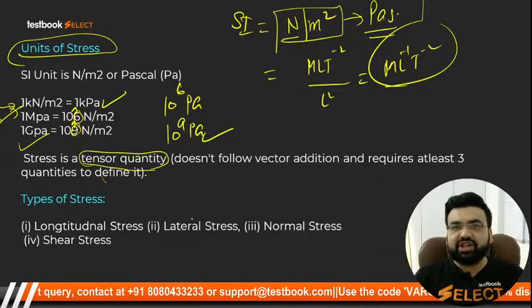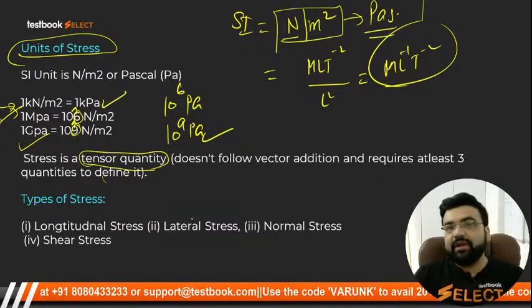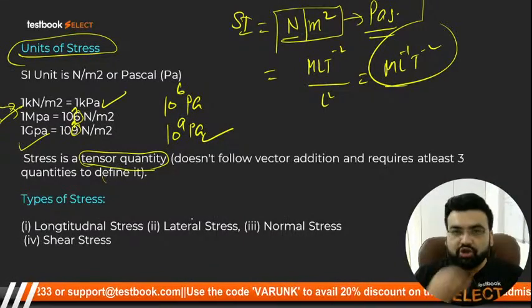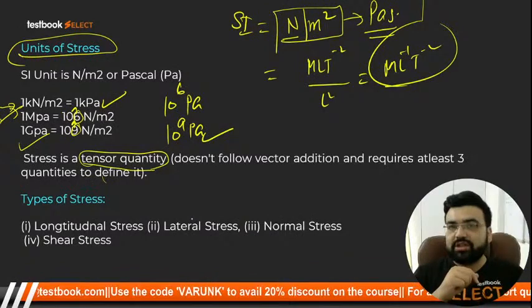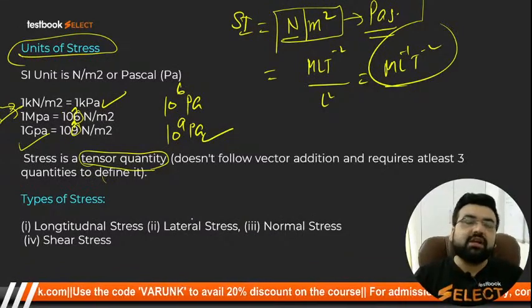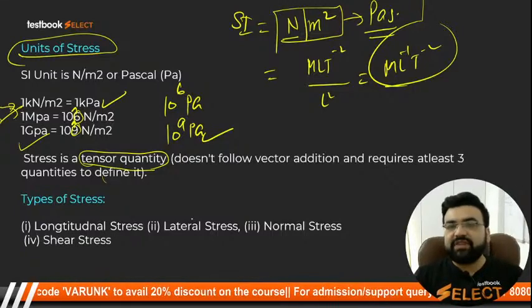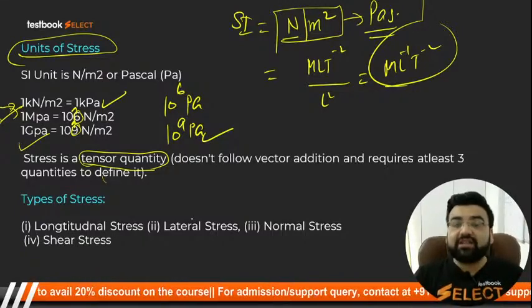Neither do you know the direction, nor the plane. So that is a scalar quantity. Second, Ram is running with a speed of 10 kilometers per hour towards north. Now you know the direction, you know the magnitude also. So this type of quantity is said to be a vector quantity. Ram is running with a speed of 10 kilometers per hour in the north direction on earth.